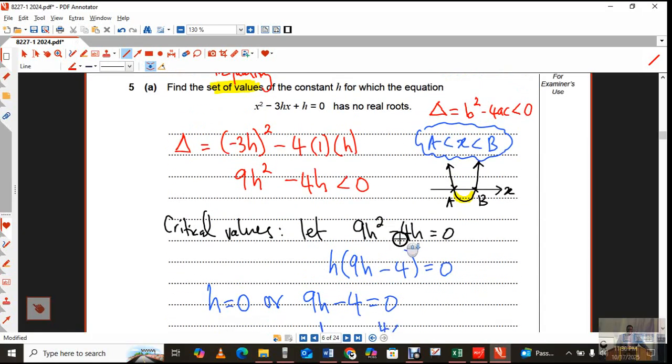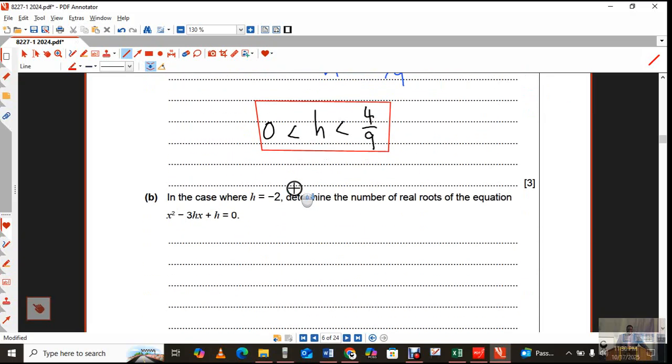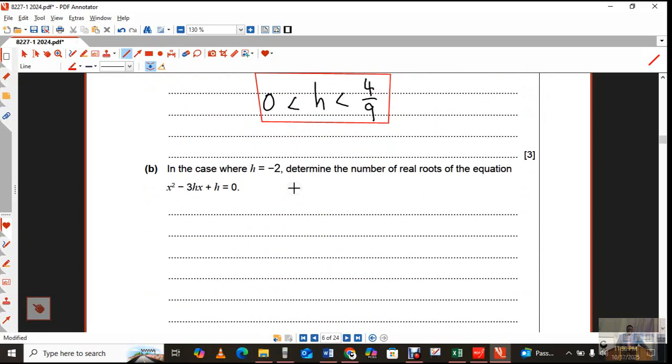Okay, so that is 5a. Then 5b. Now they say, in the case where h is equal to -2, right? So what do I know from before? I know from before that delta was equal to 9h squared minus 4h, right? But now they're saying h is equal to -2, so that implies that I have 9 times -2 squared minus 4 times -2.